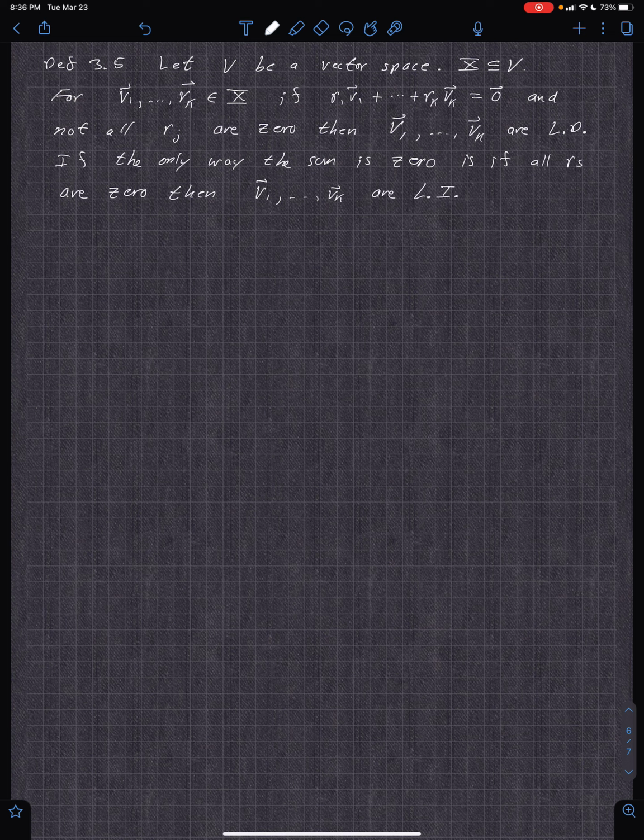It's the opposite of dependent. So this one is the existence of not all r's being 0. This one, independence, means they all have to be 0 for that sum to be 0. And if you happen to have my notes, it should say the vectors. I'm just going to say the vectors are linearly independent.